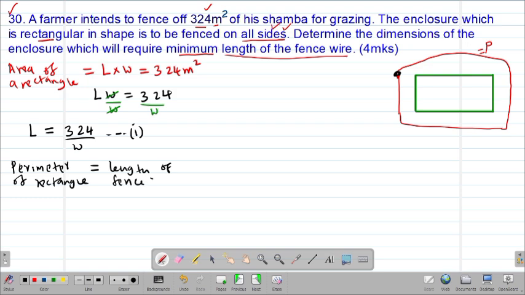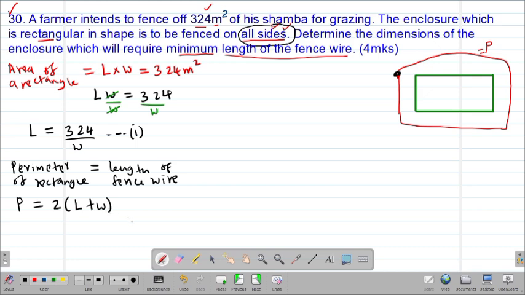Therefore, we'll say that the perimeter of the rectangle P, since it was fenced on all sides, we know that the perimeter of a rectangle is given by 2 into length plus the width.